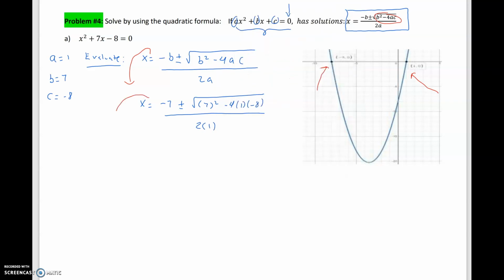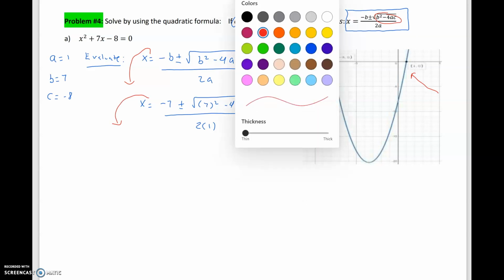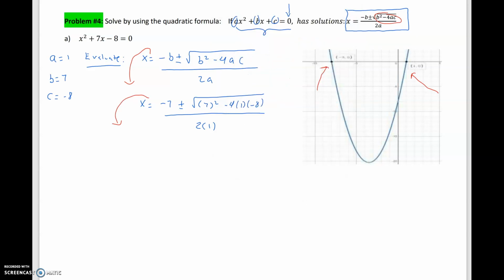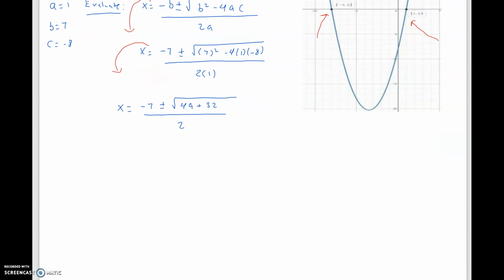As you can see, as we are plugging in the formula, it starts to look a little bit messy, but it's not that bad on this one. 7 squared is just going to be 49, so we're not looking at extremely large values. So x is equal to -7 plus or minus the square root of 49 plus 32, all over 2.